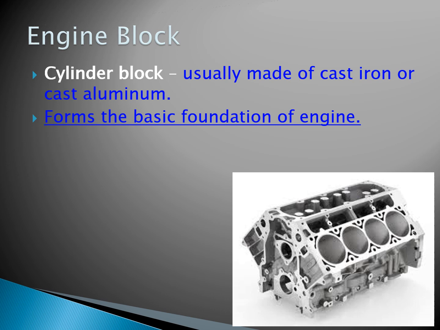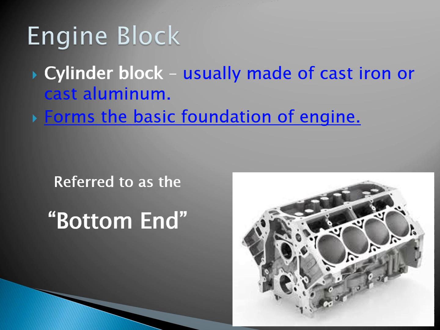Another term we would use for this is the bottom end. Now, there are other components in the block that we'll talk about in just a bit, but the engine block is the basic foundation of an engine and is referred to as the bottom end.